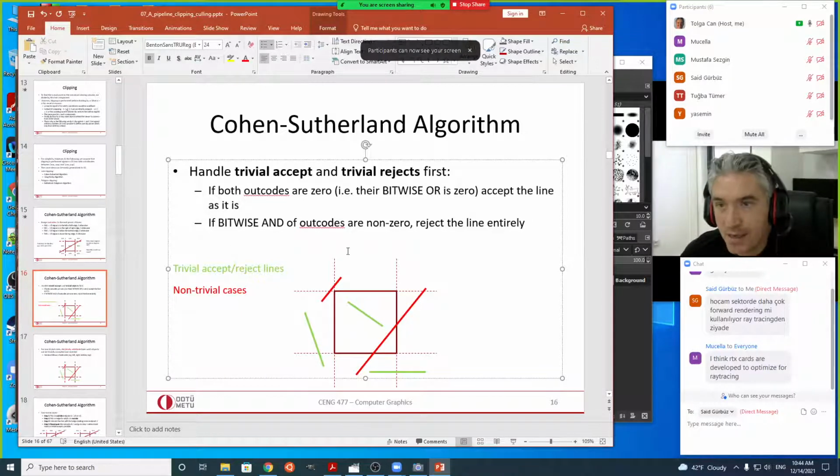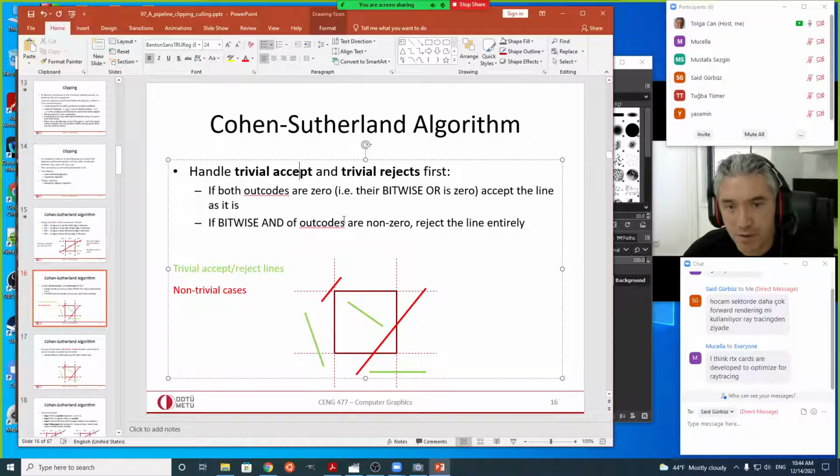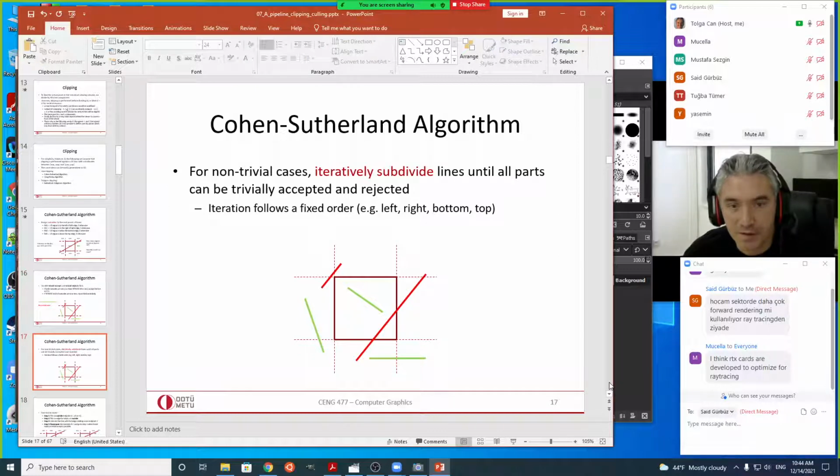Especially for trivial rejects, if there are lots of objects outside your viewing boundary, clipping window, you will be able to trivially reject many of them easily with just these bitwise operations, which will be implemented very fast. Therefore the algorithm is fast for these trivial reject and trivial accept cases.